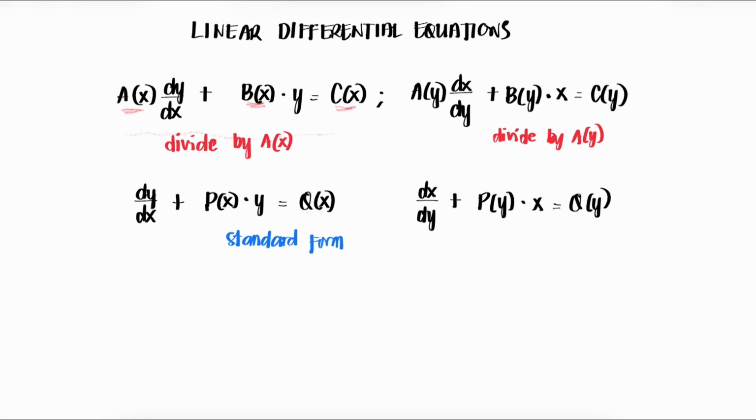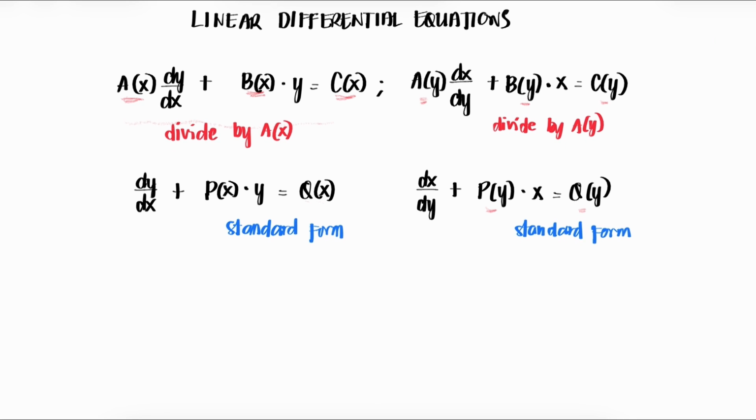So just like earlier, p of y here is b of y divided by a of y, and q of y right here is c of y divided by a of y. So this is also the standard form, but this time the independent variable is y and the dependent variable is x.